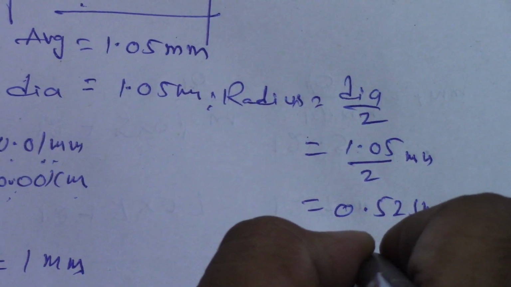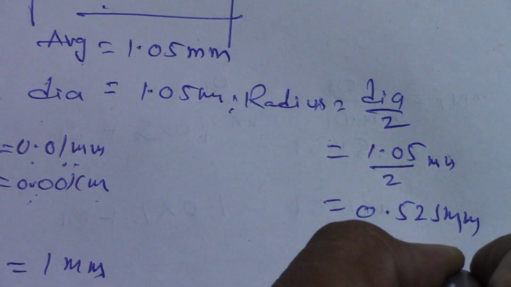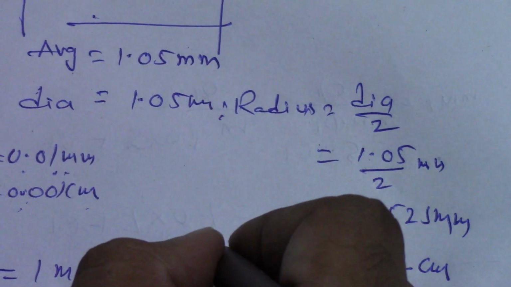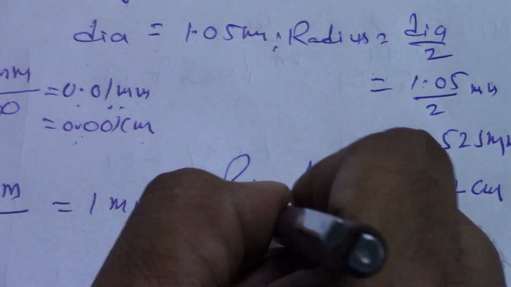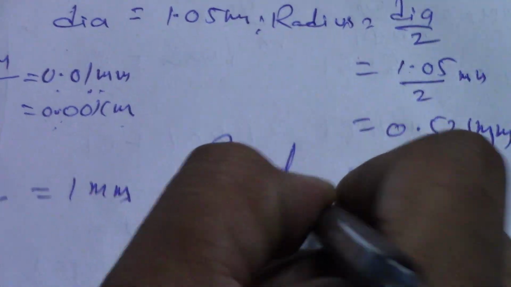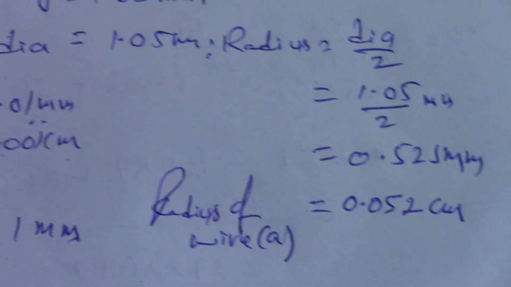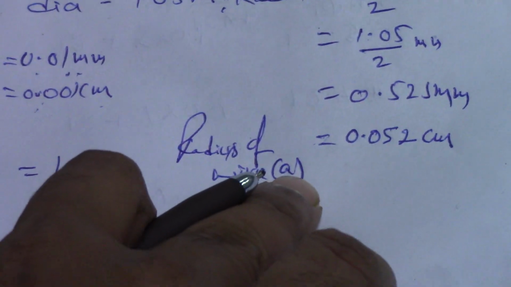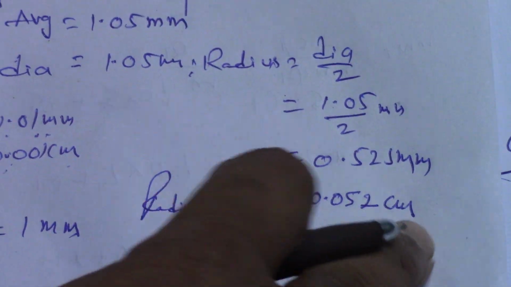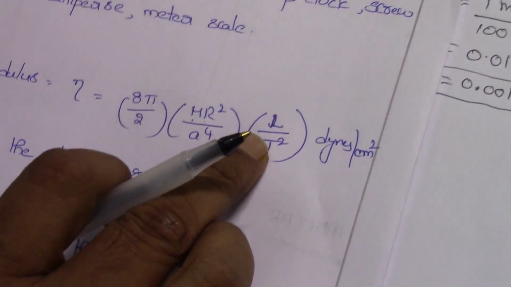What should we multiply? We should multiply by 0.1. So it becomes 0.052 in centimeters. So we determined the radius of the wire, which is small a. Students, we determined the radius of the wire a as 0.052 centimeters.